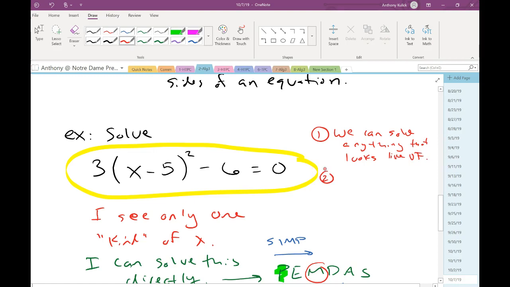Do we know how to take any quadratic and write it so it looks like it's in vertex form? Yes. We spent like a week talking about how to transform in between intercept form, standard form, and vertex form.